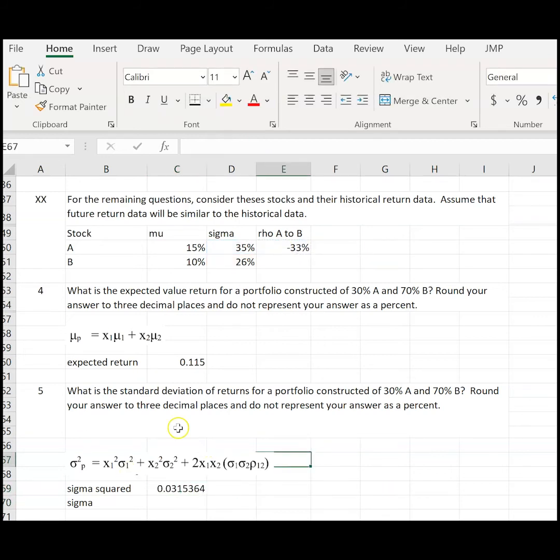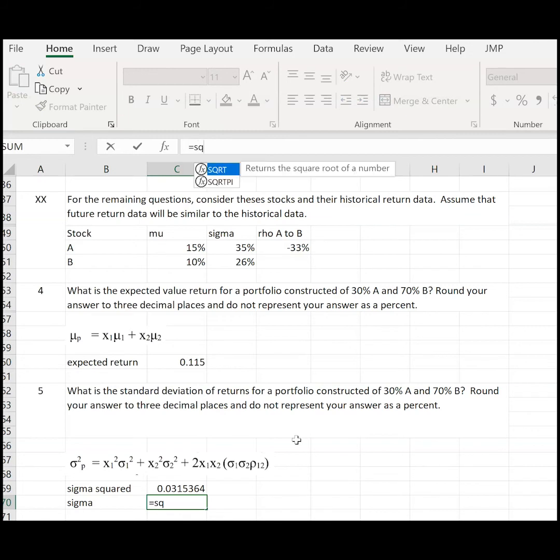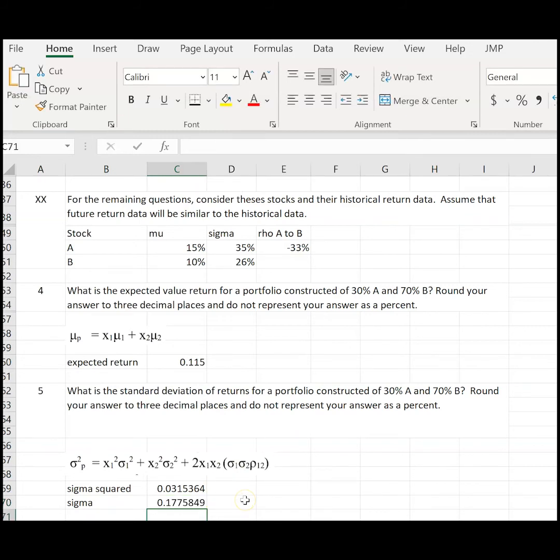All right, and our variance for this portfolio is 0.0315. And if we just find sigma, which is just the square root of our variance, we find our standard deviation of returns for this portfolio is 0.177.